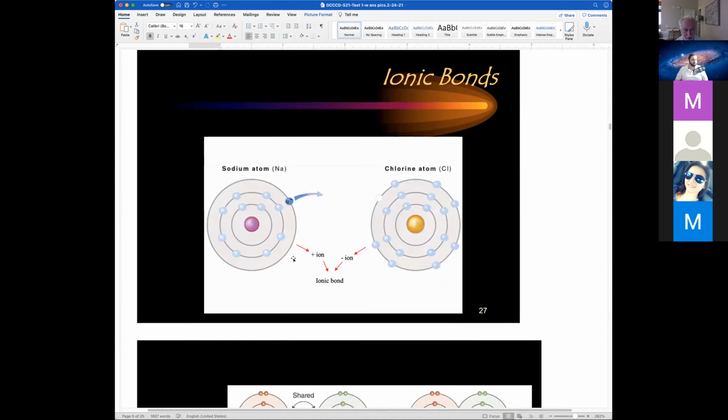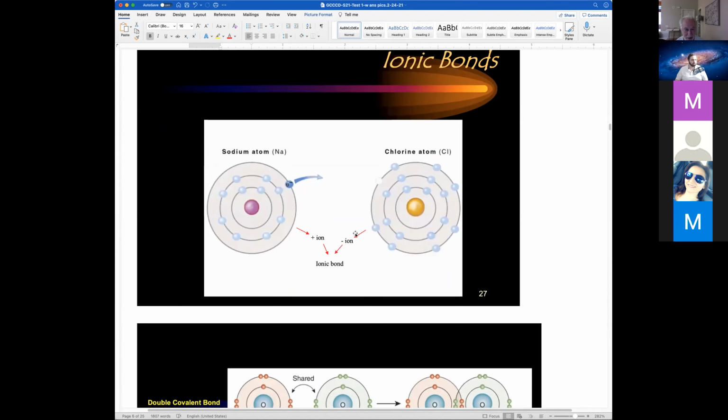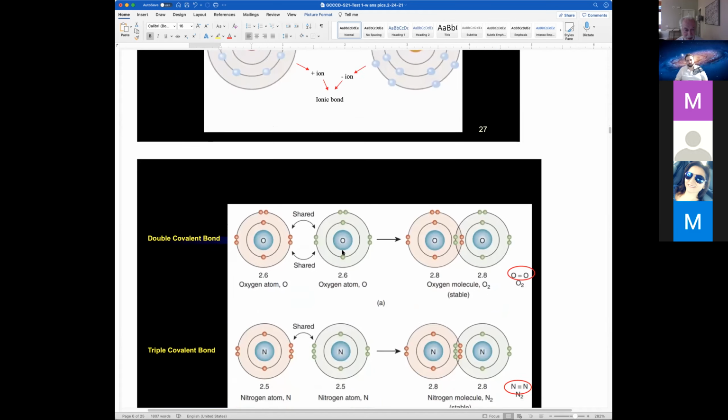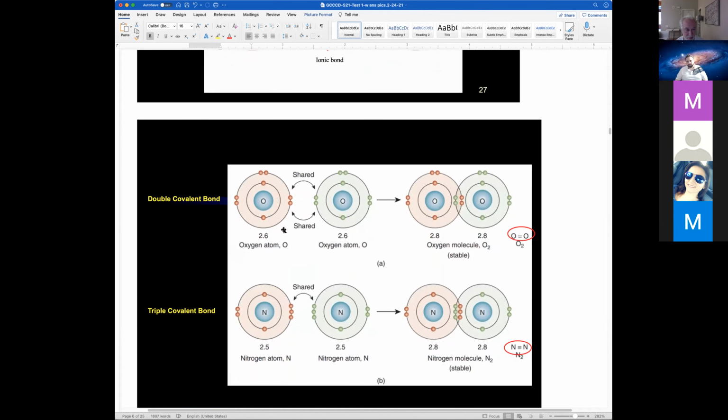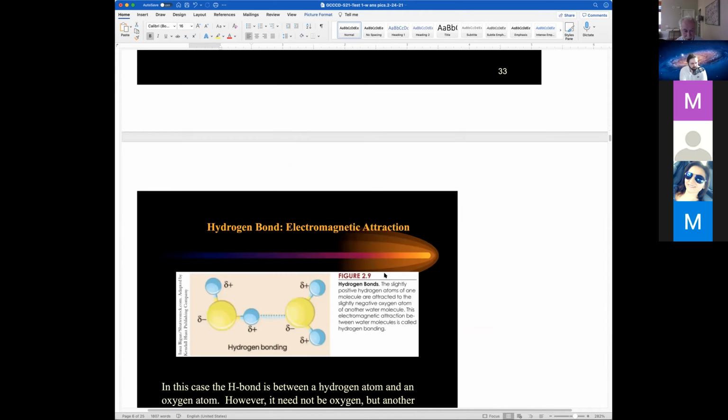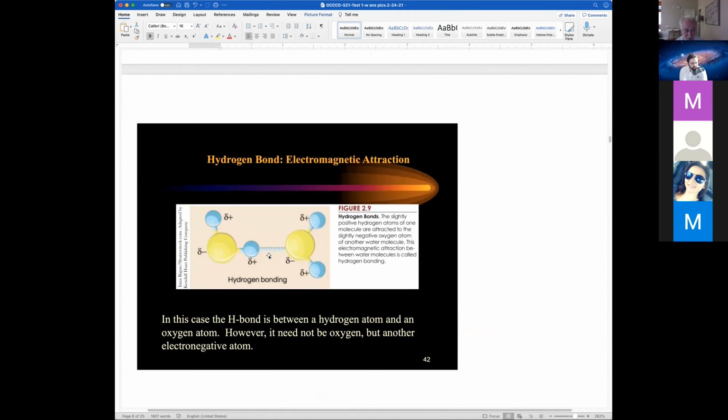Again, this comes from the slides. Sodium ion, chloride ion yield an ionic bond. Here are illustrations of covalent bonds circled in red. And finally, a picture of a hydrogen bond between a hydrogen atom and an oxygen atom.